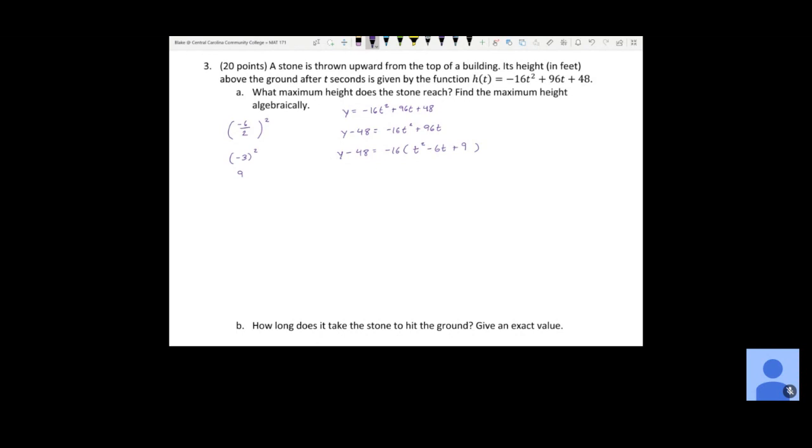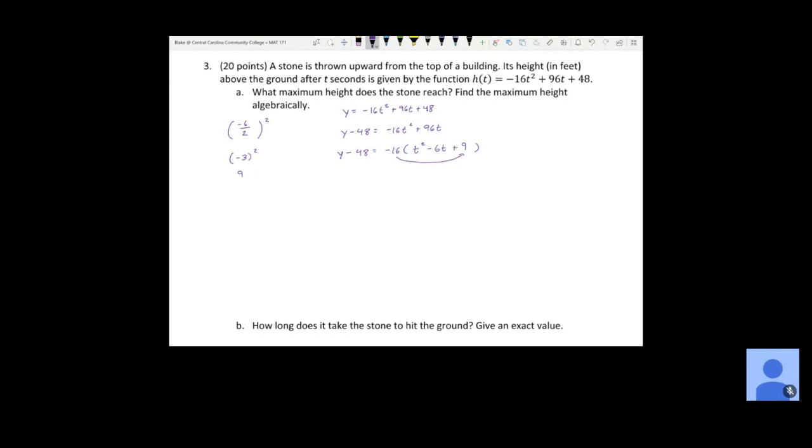Okay, good. So it's going to be negative 16 times 9. And so what is negative 16 times 9? Okay, so negative 192.